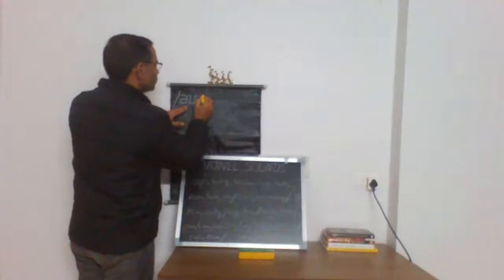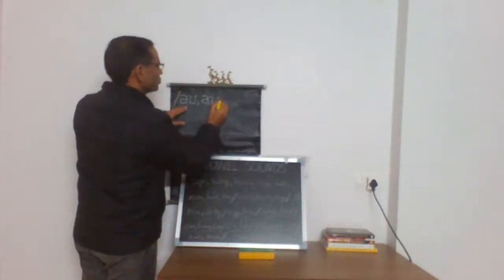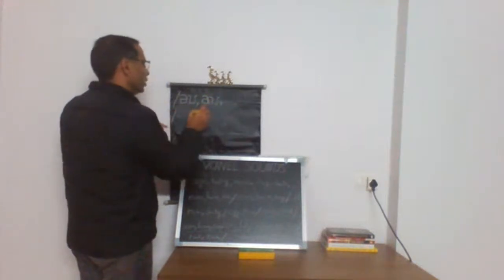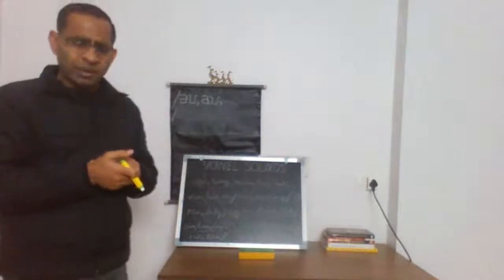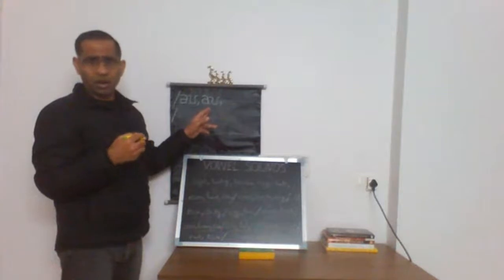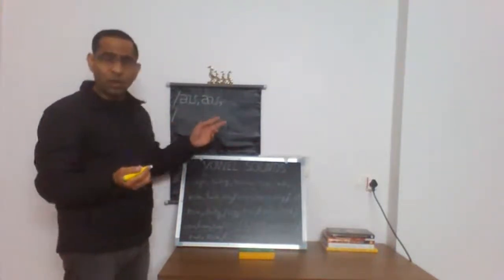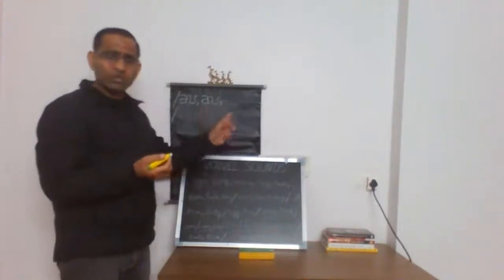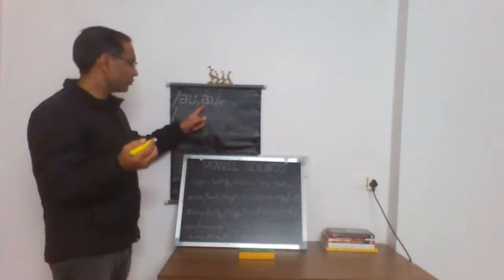Then ow, it is the second diphthong, and we use this sound in the production of words like cow, now, wow, how. So these 2 sounds end in the oo sound.